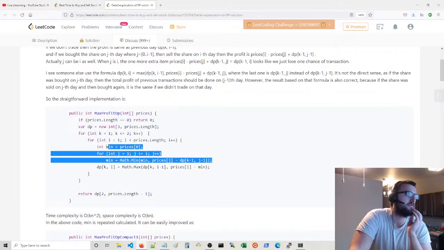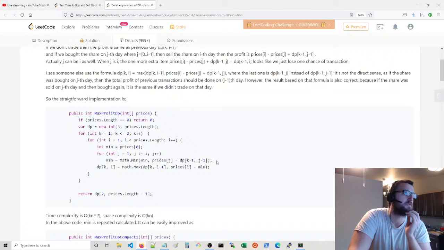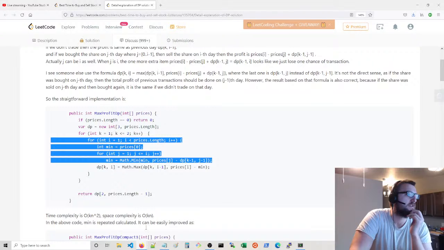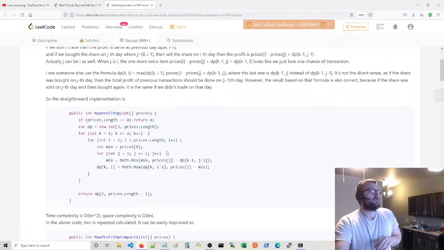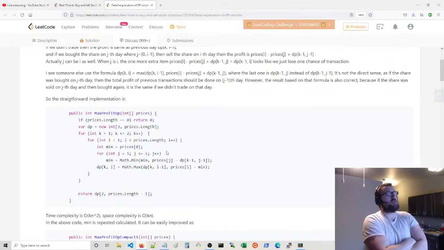This is really interesting. This part is not the most obvious in terms of what's going on here. I guess you want the minimum of these.